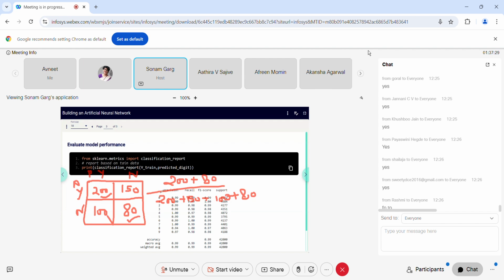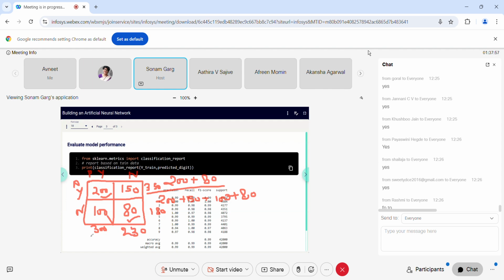Now, out of this confusion matrix, other metrics like precision, recall, and F1 score can also be calculated. If I take the sum row-wise and column-wise, this is 350 here, I have 180 here, here I have 300, and here we have 230.